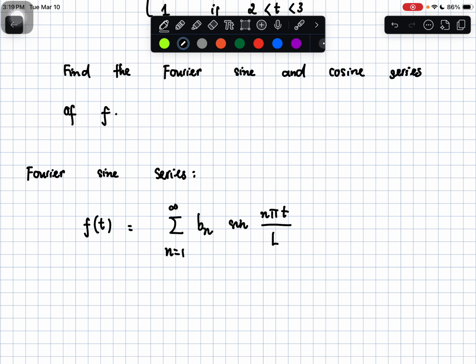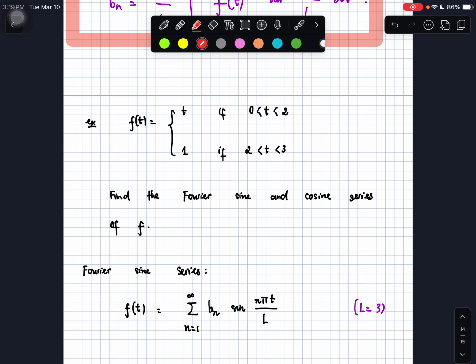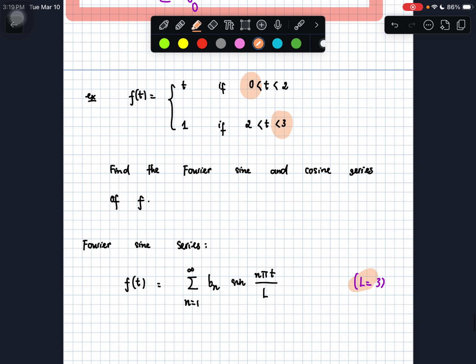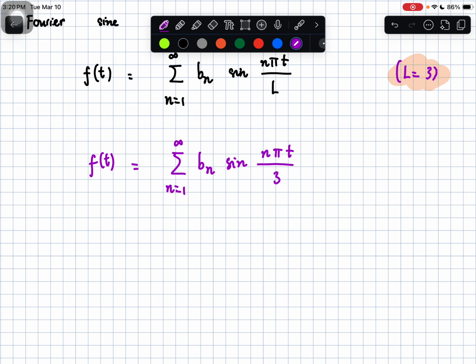In our case L is 3, because we define f for t from 0 to 3. So f(t) equals the summation of bn, which we will find later, sine n pi t divided by 3, from 1 to infinity. This is the sine series.